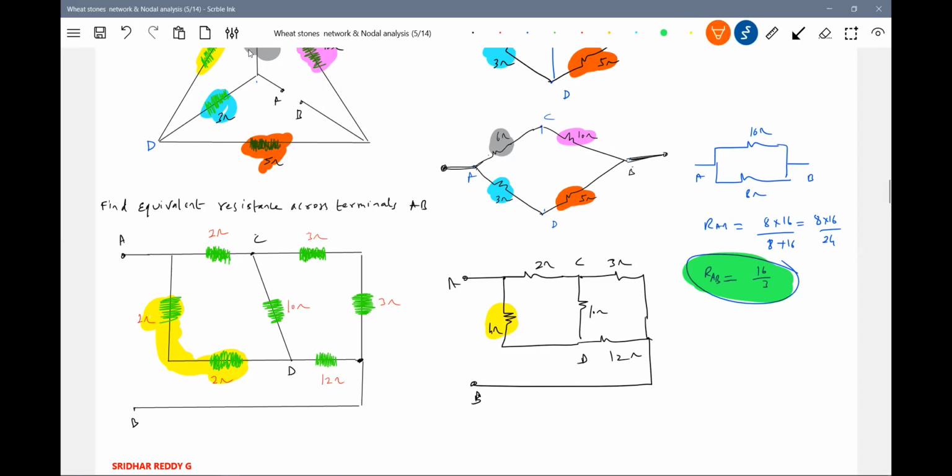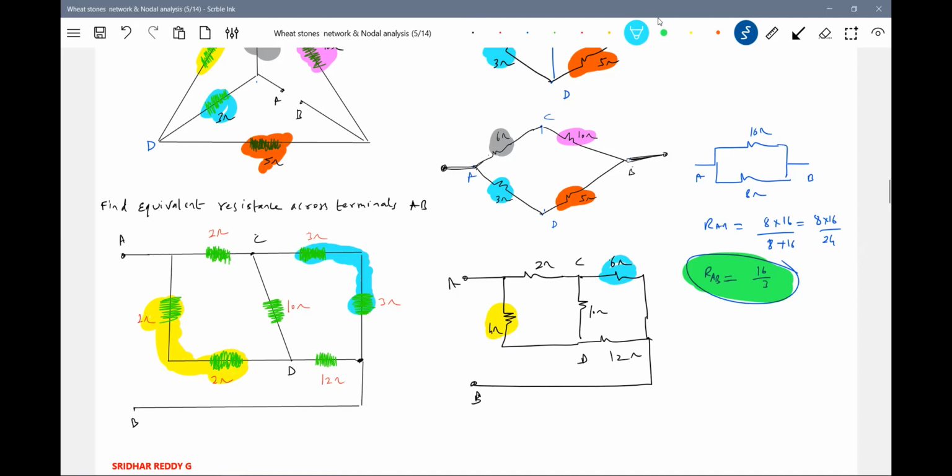Now come to this 3 ohm, and look at this other 3 ohm. They are in series. The effective will be 6 ohm. That is here, 6 ohm. And the remaining things I kept as they are.